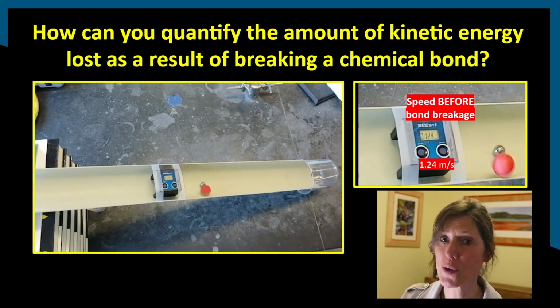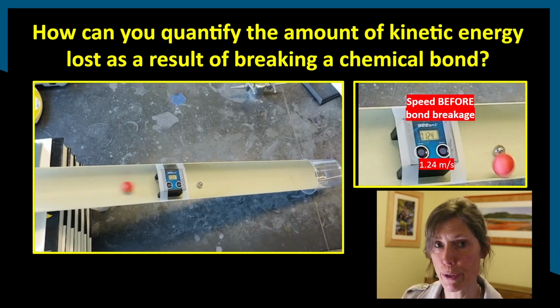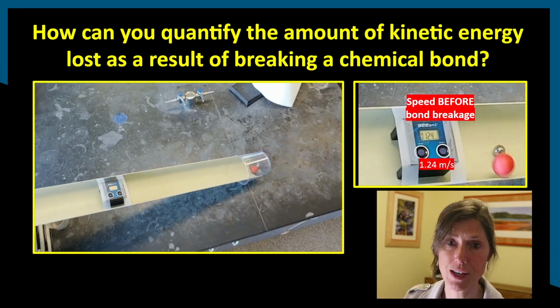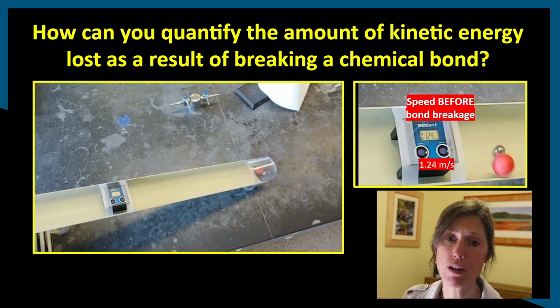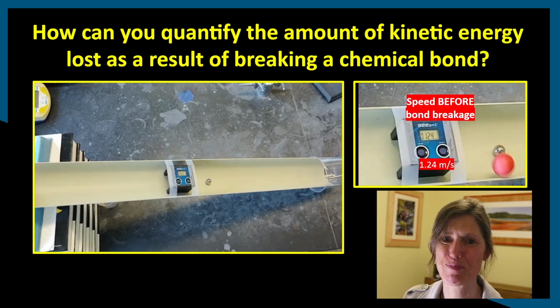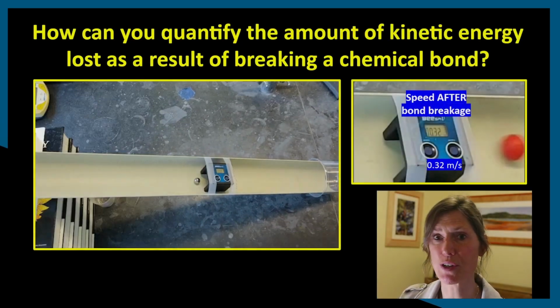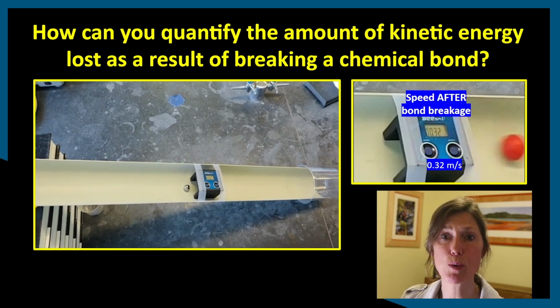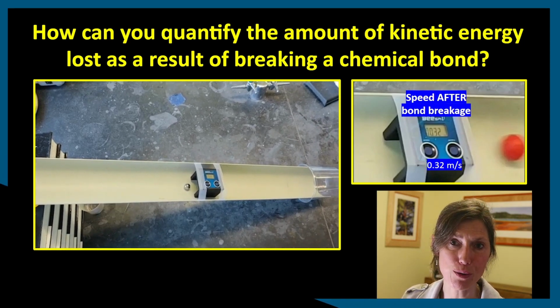With, as I said earlier, 6 books, the squeegee ball reached a speed of 1.24 meters per second and was capable of releasing the metallic marble stuck in the middle of the ramp. But when the speedometer was placed just after the collision, this same squeegee ball rolled down the ramp at a reduced speed of 0.32 meters per second.